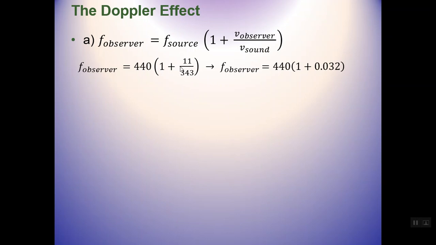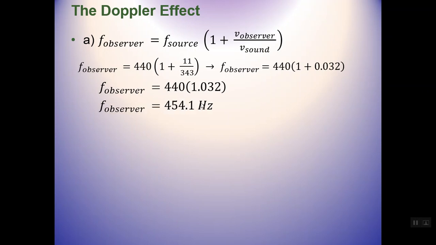Just calculate this ratio and we can find F observer is equal to 440 times 1.032, or the frequency at the observer is equal to 454.1 Hertz. And this is greater than the frequency of the source because the observer is moving toward the source.